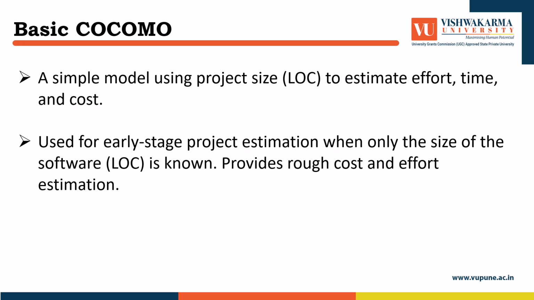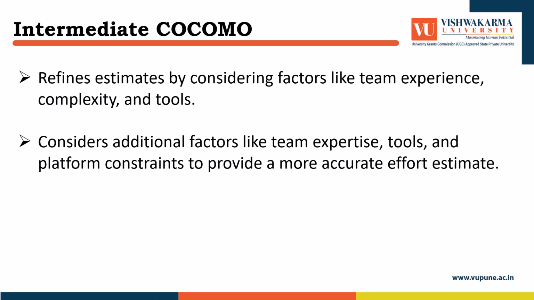Basic COCOMO. This type is ideal when only basic information is available, like the size of the project. It is a rough estimate and is most effective in the early stage of the project. Intermediate COCOMO. This version considers additional attributes like the use of software tools and experience of the development team.